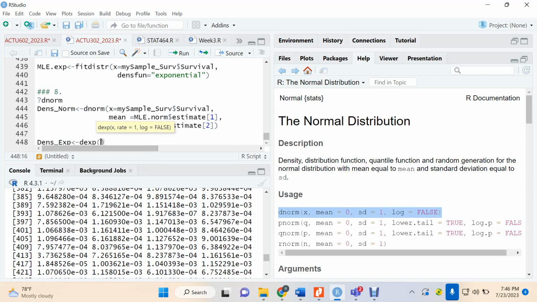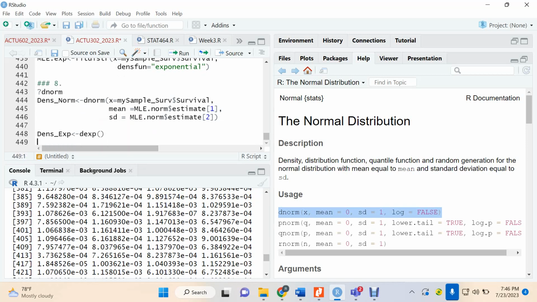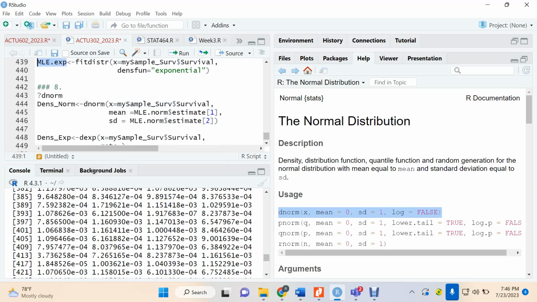So that requires x and the rate because that one has only one parameter, right? Okay, so what do we do now? We put in x. X is what? So this is the same data. Then what is the rate? The rate will be my f, the estimate of it.